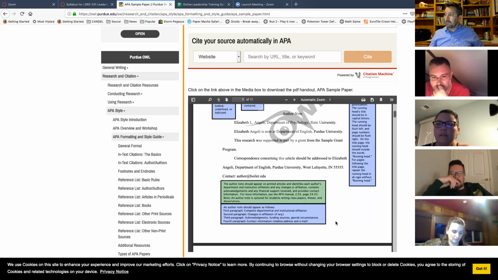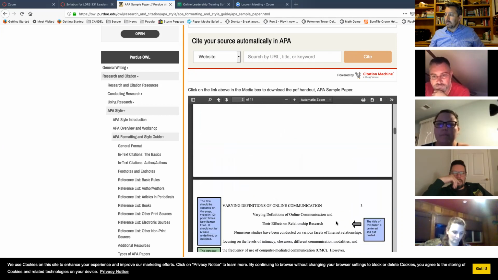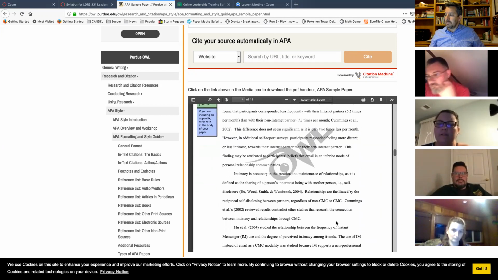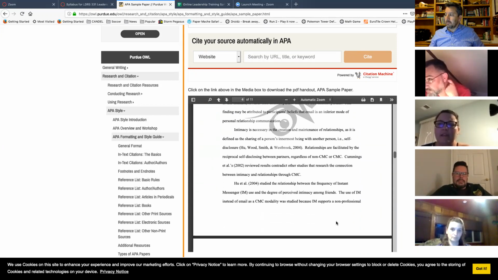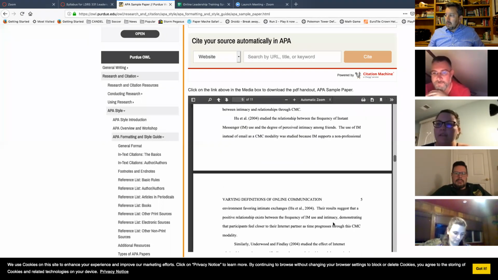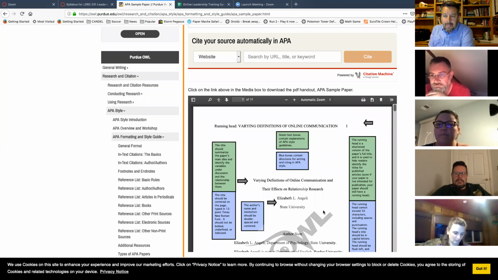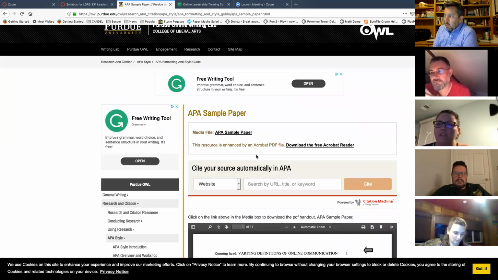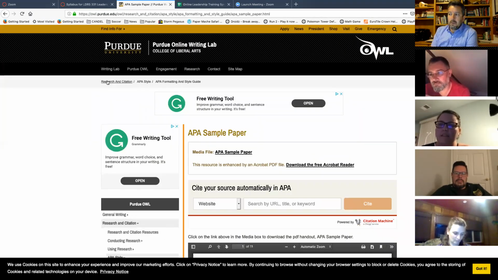Is the APA style reflected much in our grade if we make errors on that? I don't know. It's pretty new to me. And we didn't have to do any of it last term. Yeah, I would just defer to the rubric on that.